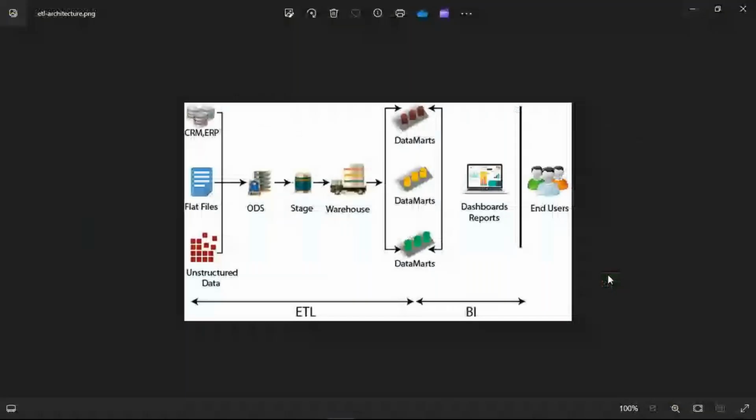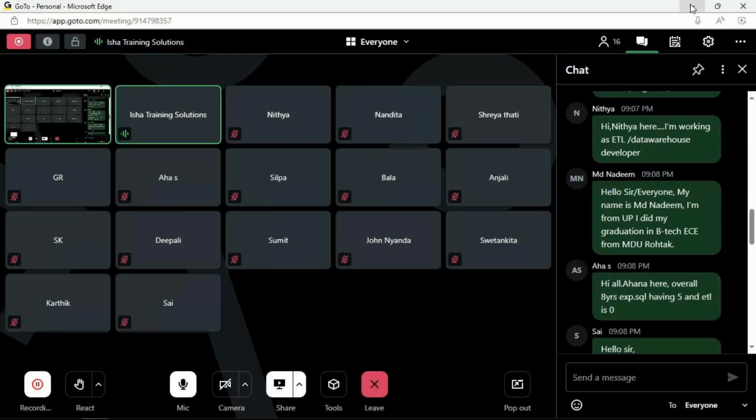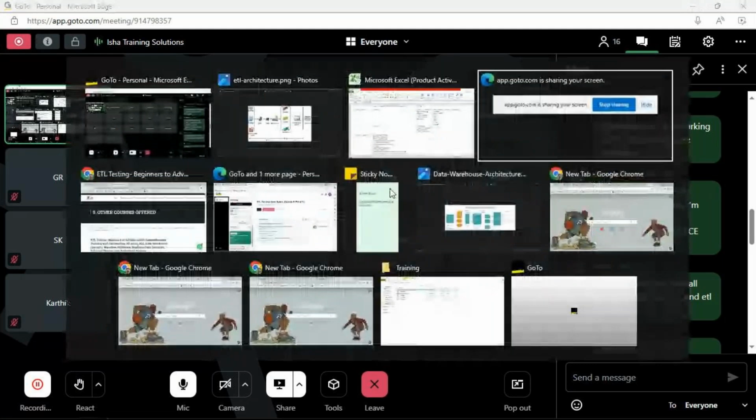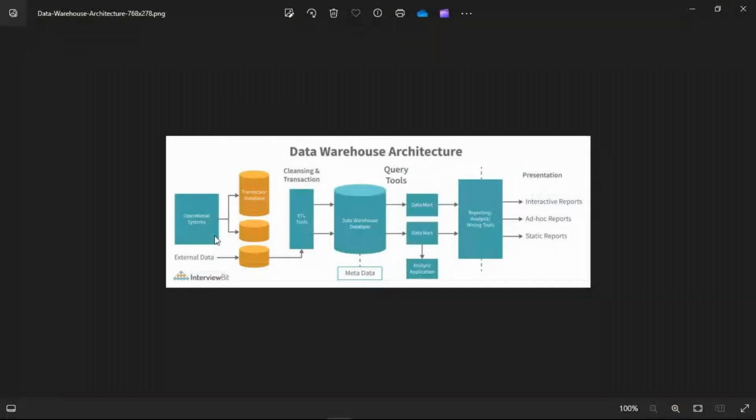So this is ETL architecture. I'll show you a data warehouse architecture also. So this is data warehouse architecture. See, in data warehouse architecture, we clearly see operational systems, transactional database, ETL tools, data warehouse database, data marts, and reporting analysis.